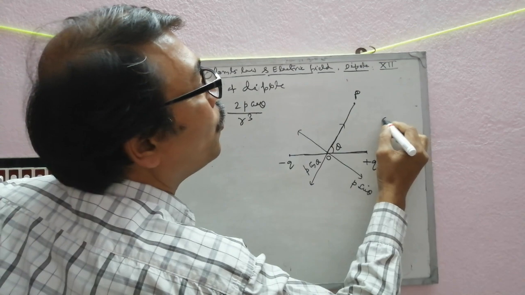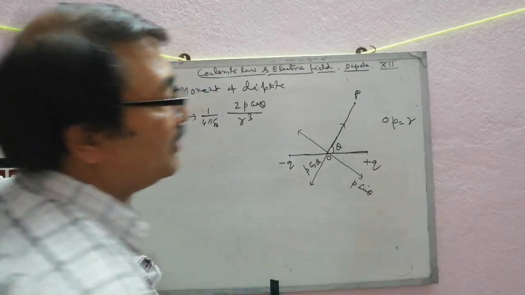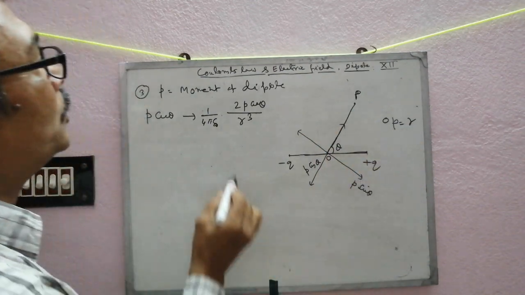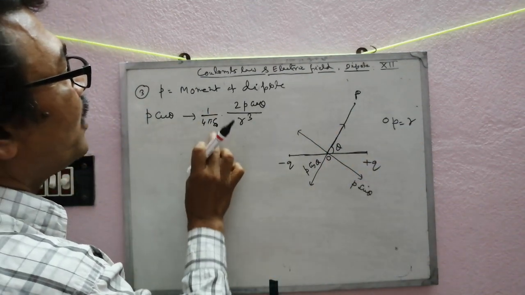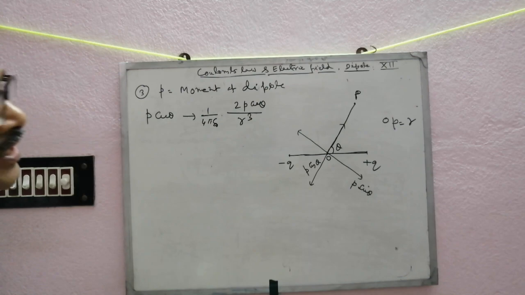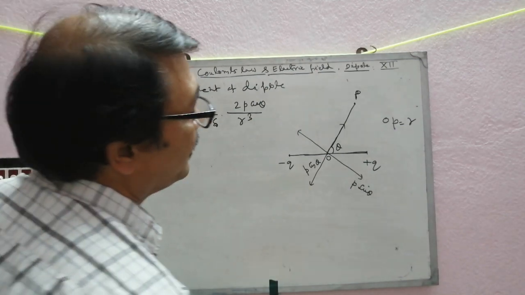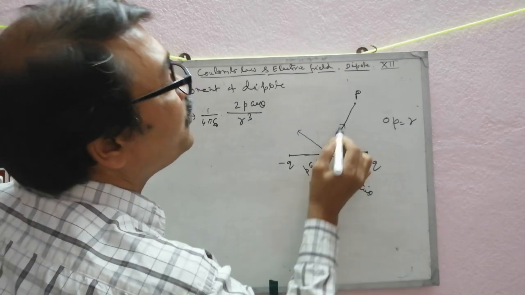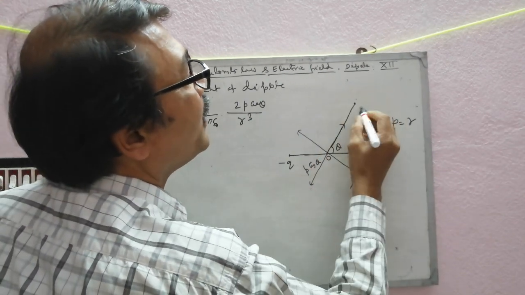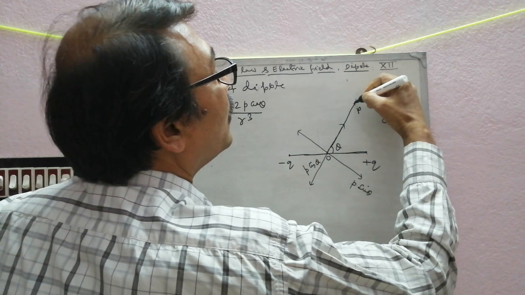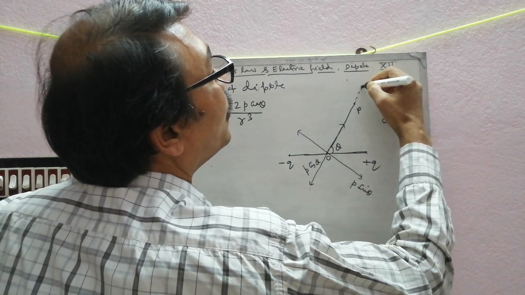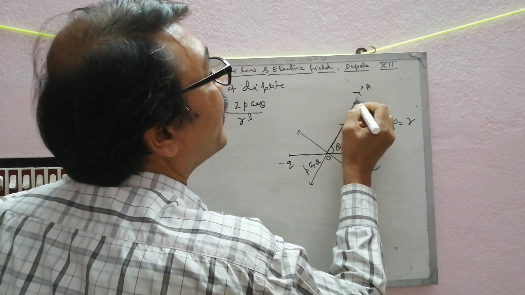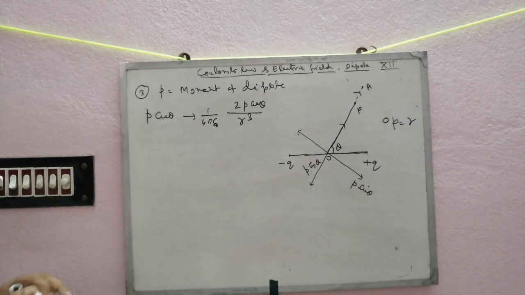Here OP equals r, the distance of P from the midpoint of the dipole. What is the direction? As in the previous case, its direction will be towards P. This is negative, this is positive. So the direction will be along PA in this direction. Follow?